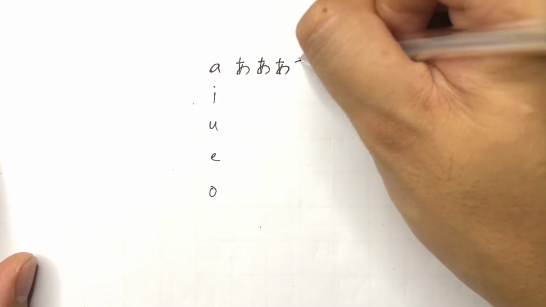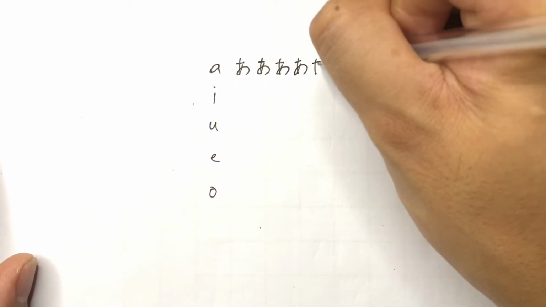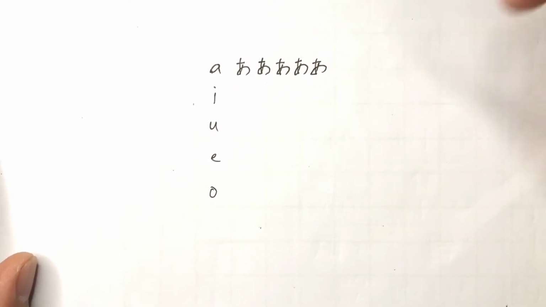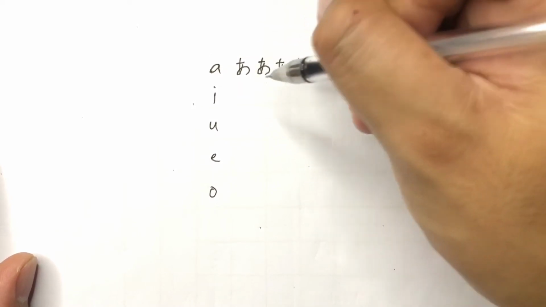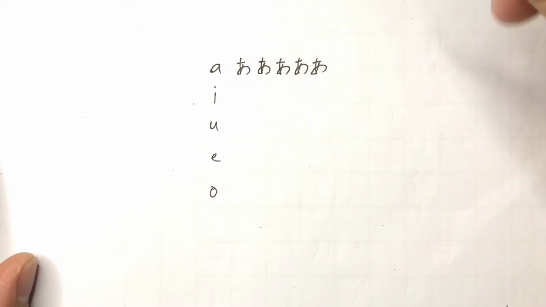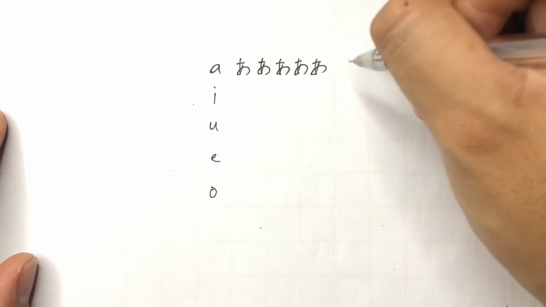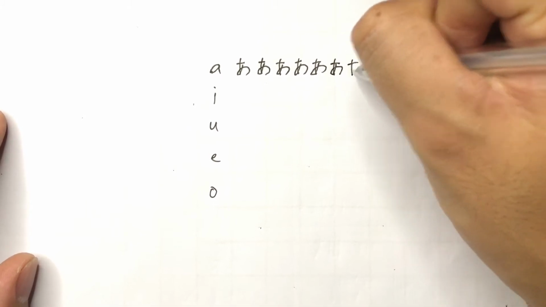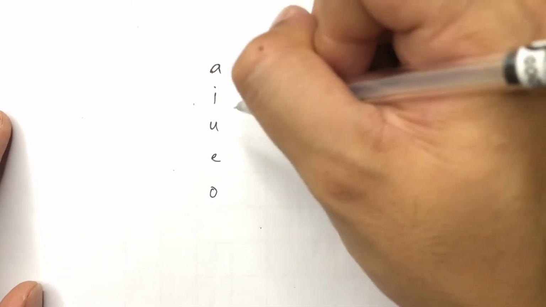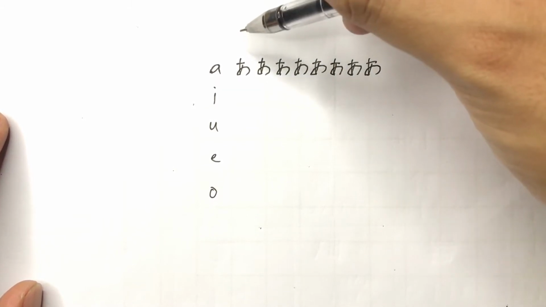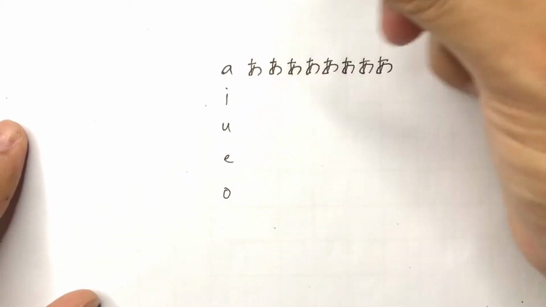It depends on you how many times you write the character a, to become familiar with the number of strokes and the shape of this character before proceeding to the next character. For example, I will fill this line with a characters. Next is i. We have already mastered the character a, then we proceed to the next character.